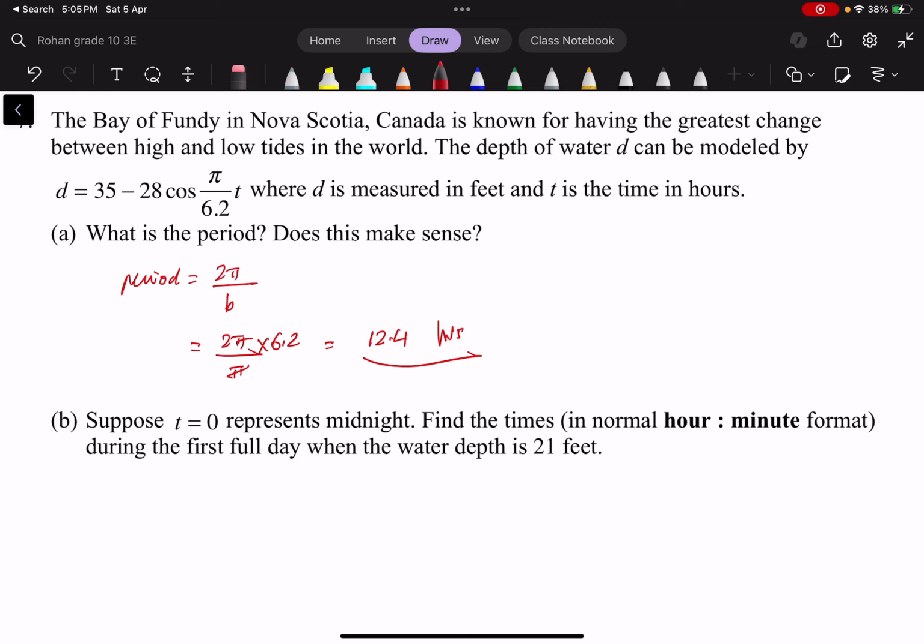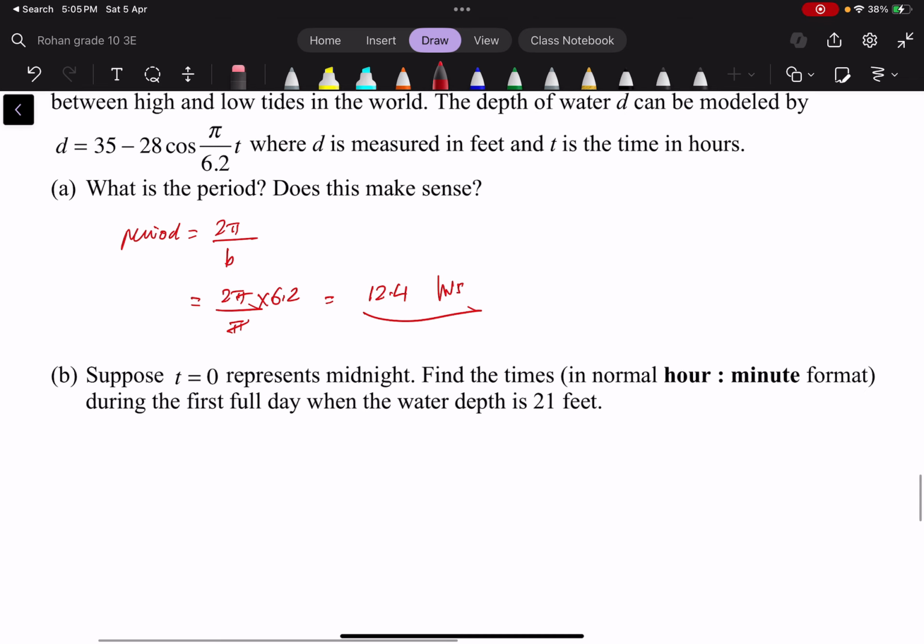Rather than making that equation, what you do is you graph it. In your y1 or f1, you graph the function 35 minus 28 cos, and then you do y is equal to 21 as the second function, and see where they intersect.